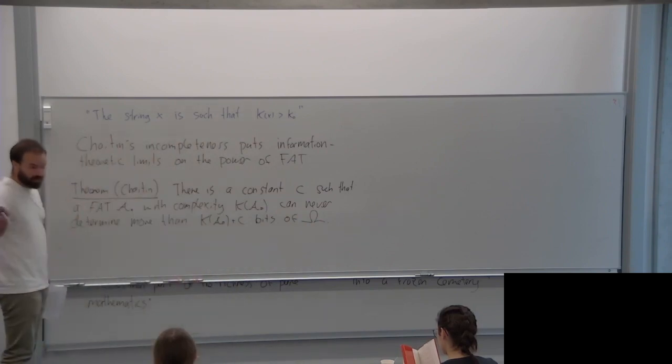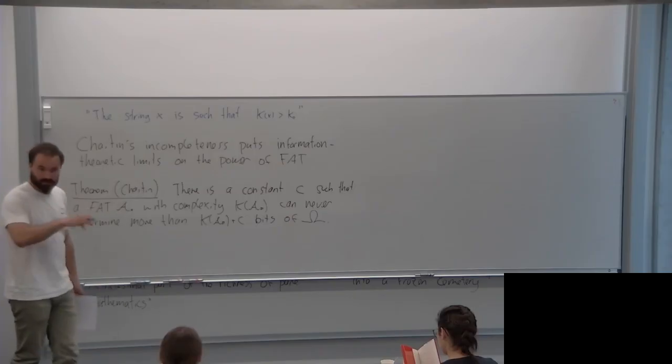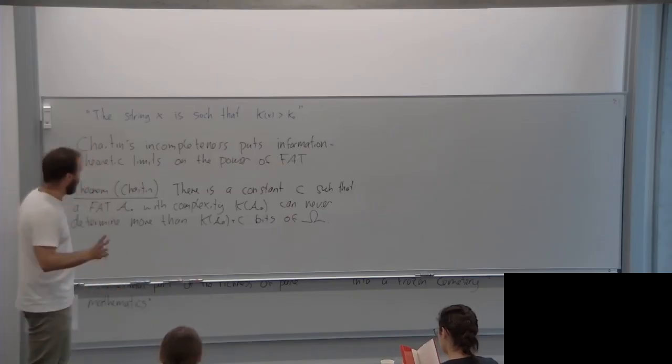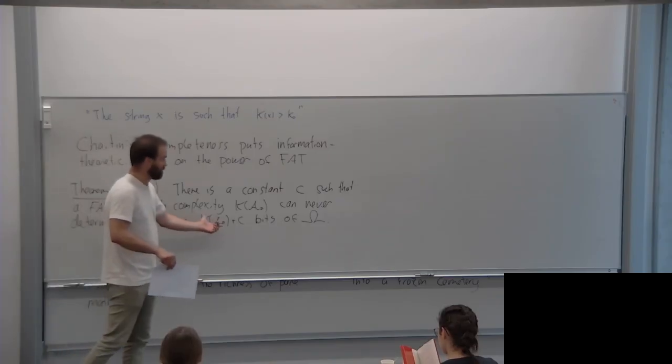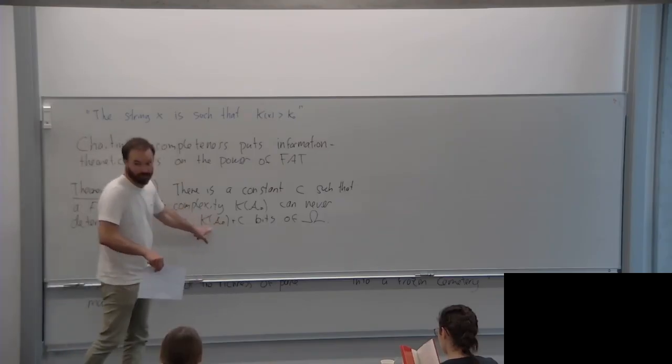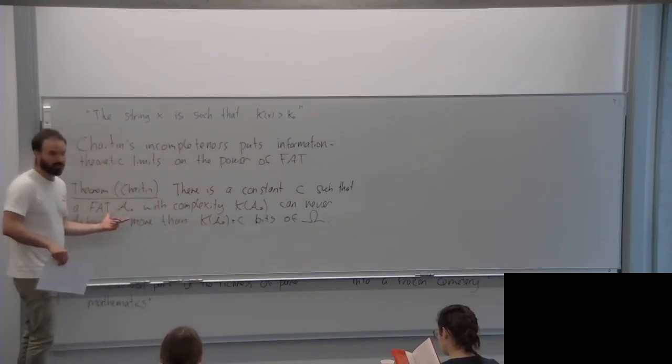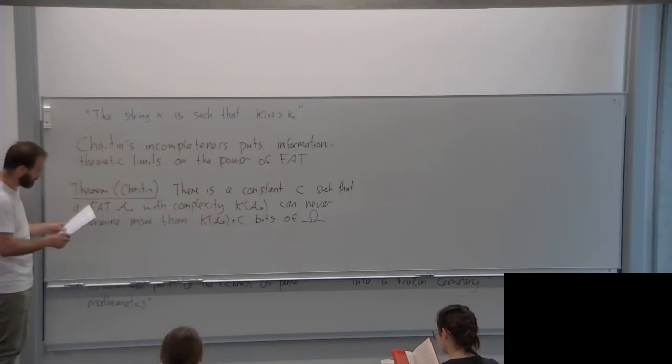Yet, omega has a precise value. It's mathematically well defined. We saw that it's an irrational number between 0 and 1. But no formal axiomatic theory can prove more than a constant amount of bits of omega. And that constant is related to how large the formal axiomatic theory is.